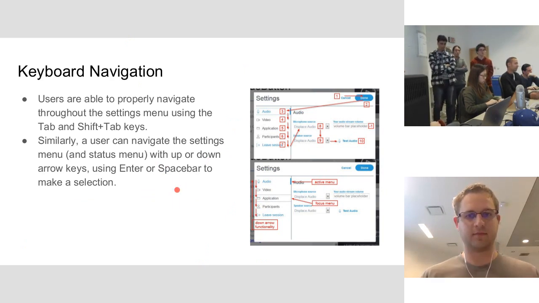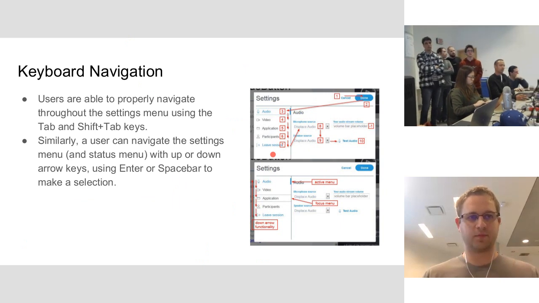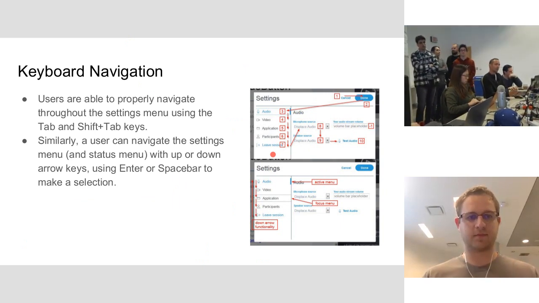It's easier to navigate with the keyboard, so you can see the layout of how everything moves around right now. You can use the tab keys to jump through the options in the menu, and then the arrow keys to go down and select whatever option you require.